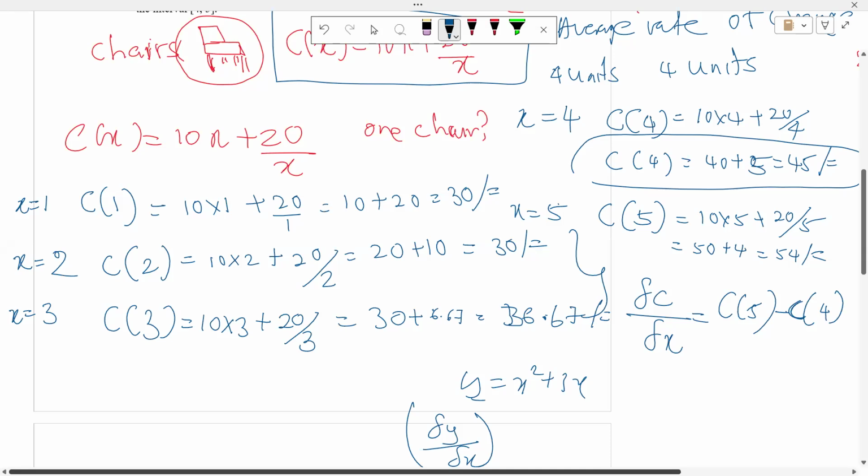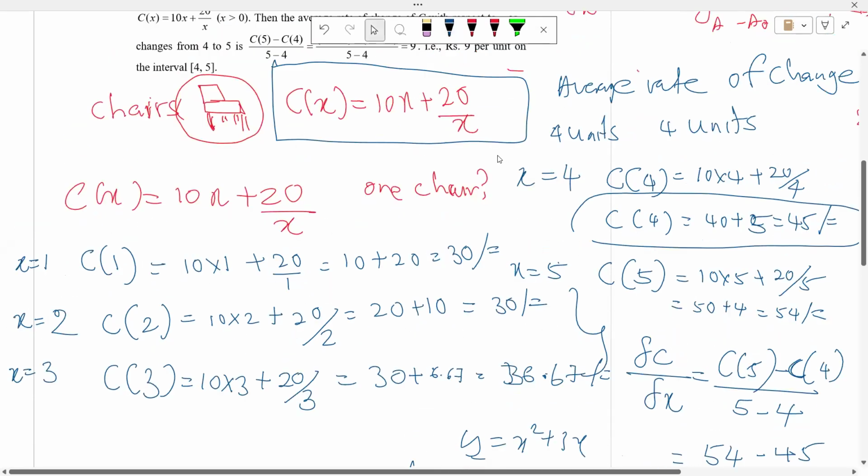Delta x is the number of units, 5 units minus 4 units, right? Now C of 5 is 54, minus 45, divided by 1. So that is equal to 9 over 1. 9 rupees is the average cost change, right? So that is the average change.